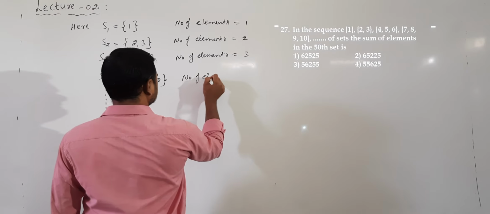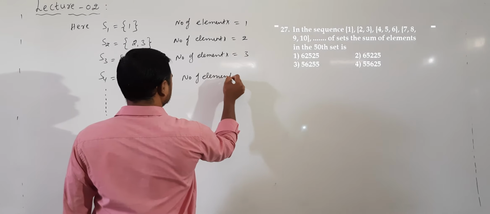The number of elements is 4, and so on. So in Sn, that is the nth set, how many elements will be there? There will be n elements. So these n elements are nothing but consecutive natural numbers. Okay. Now if you know the starting element, then we can take the sum of these n consecutive natural numbers.